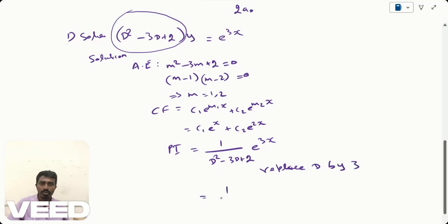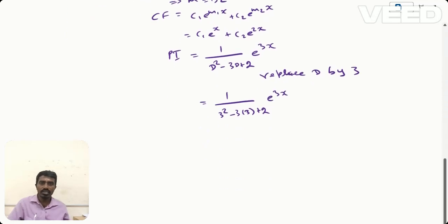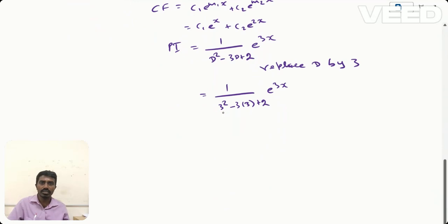Now what do we get? e power 3x by 3 square minus 3 into 3 plus 2. Now 3 square is 9 and 3 into 3 is 9, so plus 9 and minus 9 get cancelled. Then e power 3x by 2 is the required PI for the given problem.